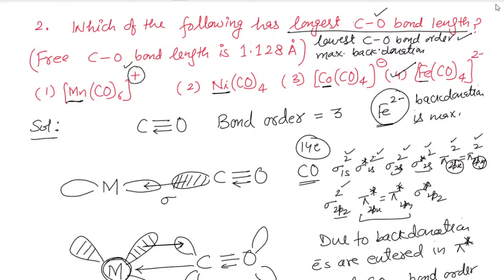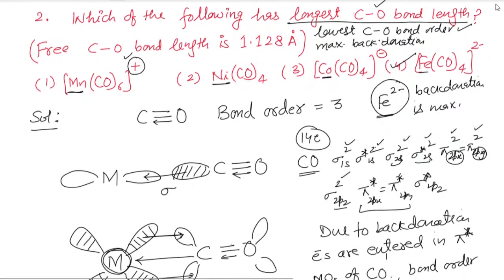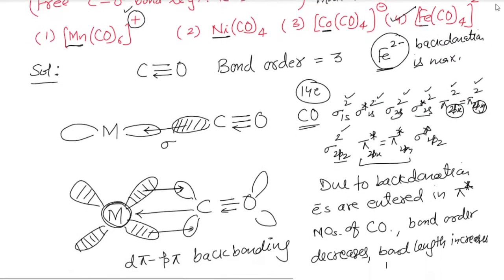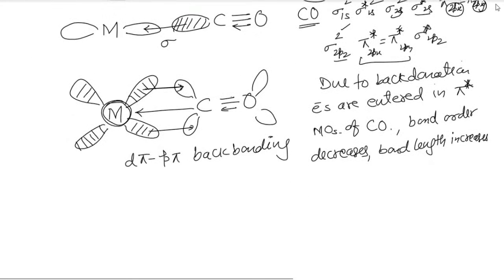Yes, beta. Whenever there is a question related to this topic, keep in mind that in free CO there is no back donation, because CO is a pi acid ligand. In free CO, bond order is 3.